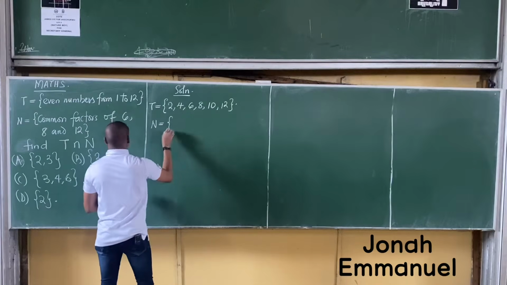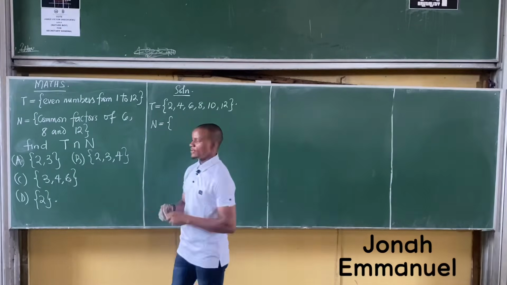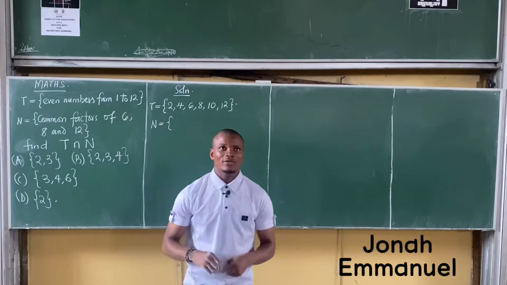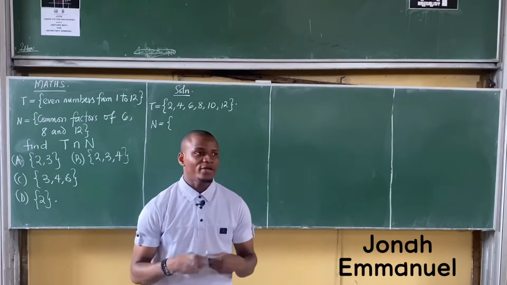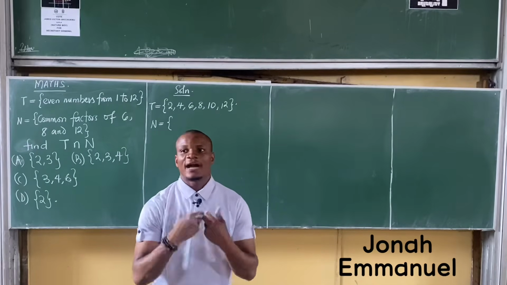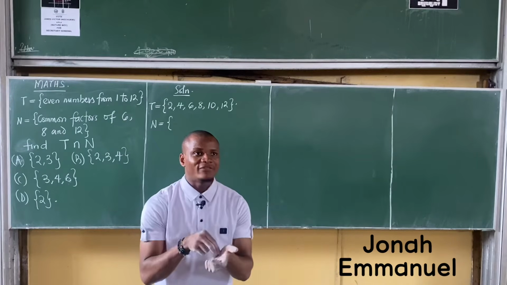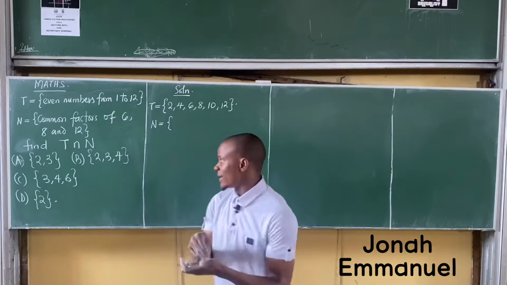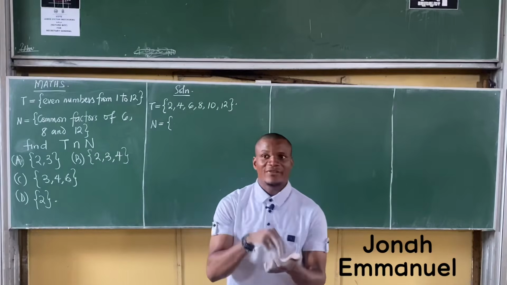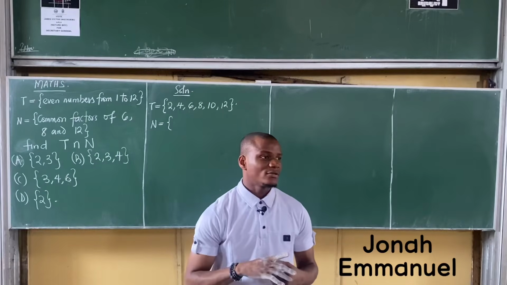Next up, find N. N is equal to the common factors of 6, 8, and 12. What's a factor? A factor is simply a number that can divide another number without a remainder. That's all. So which number can divide 6, that same number can divide 8, and that same number can divide 12 without a remainder? Which number is that? 2.